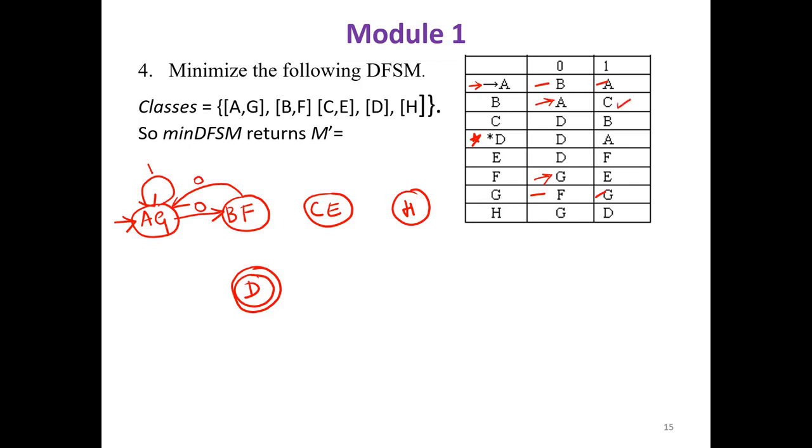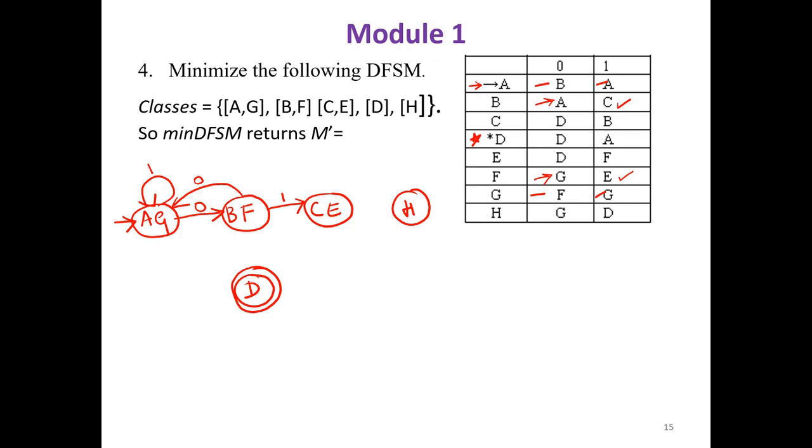B1 goes to C, F1 goes to E. So BF for 1 goes to state CE. Here only you will come to know whether your answer is right or wrong, because both the states must go to the same state for a given input symbol. You can verify your answer here.